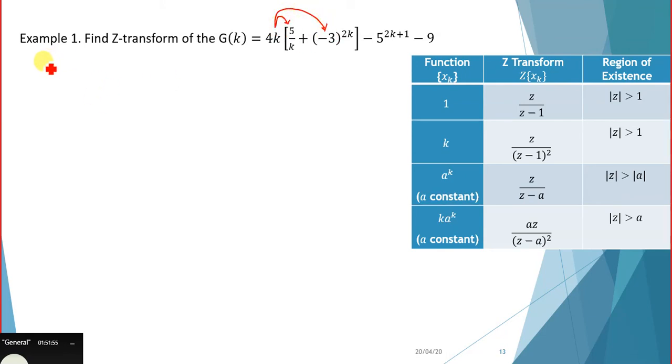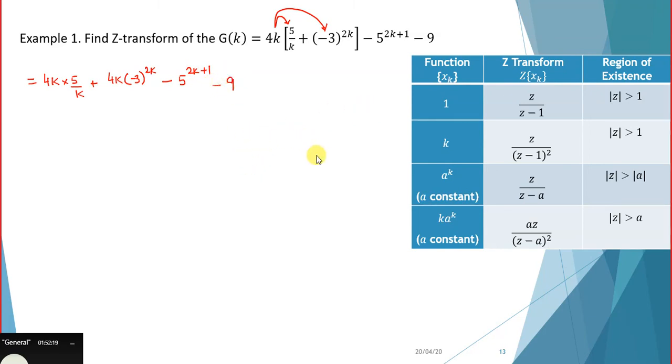So we first simplify it, like 4k multiplied with 5 power k plus 4k multiplied with minus 3 power 2k, minus the second term we write the same, minus 9.